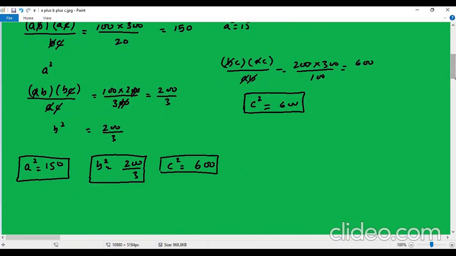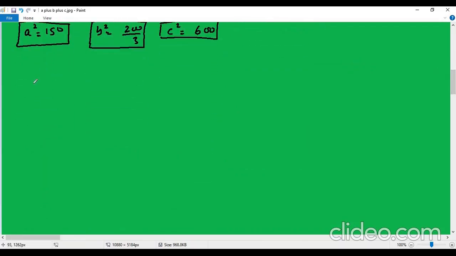Once we square A plus B plus C, we get A square plus B square plus C square plus 2ABC, which is the value of A plus B plus C whole square.